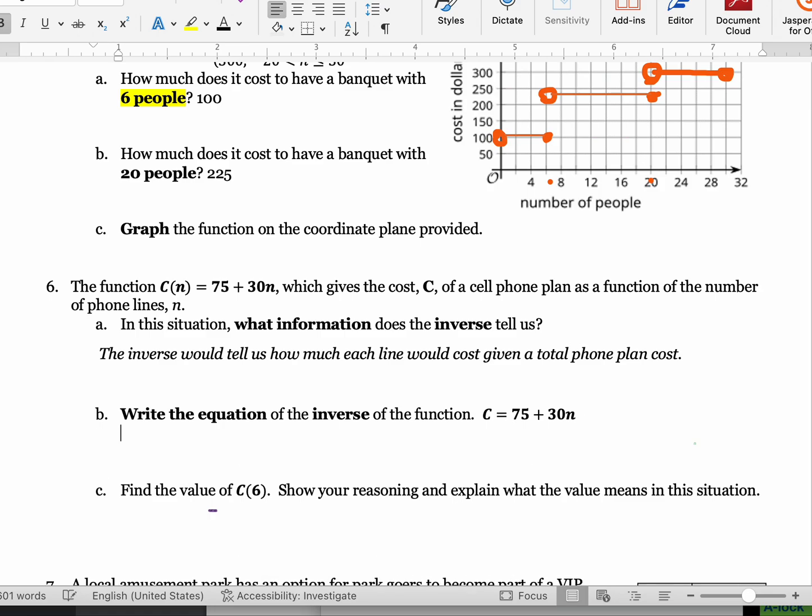Okay, so to find the inverse of this, I'm going to subtract 75 from both sides. So minus 75, and when I subtract it, that cancels out. Now I have 30n equals c minus 75, so I'm going to divide both sides by 30.